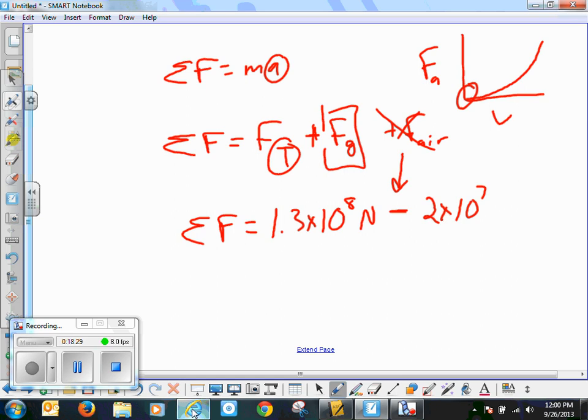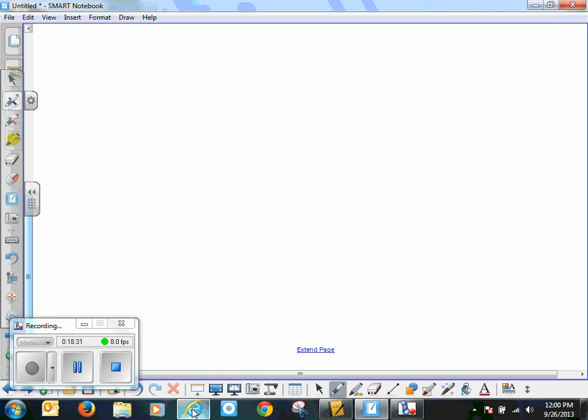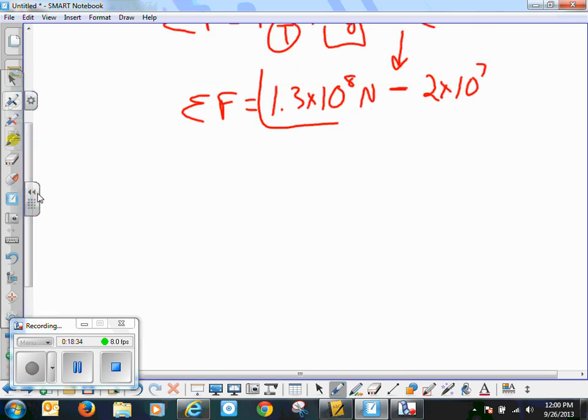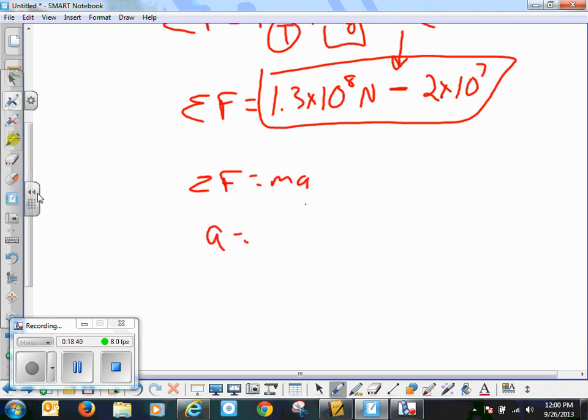Okay, so if you take that answer, whatever those numbers are, you plug them back into this equation. Summation of forces causes mass to accelerate. Acceleration then is summation of forces over the mass.